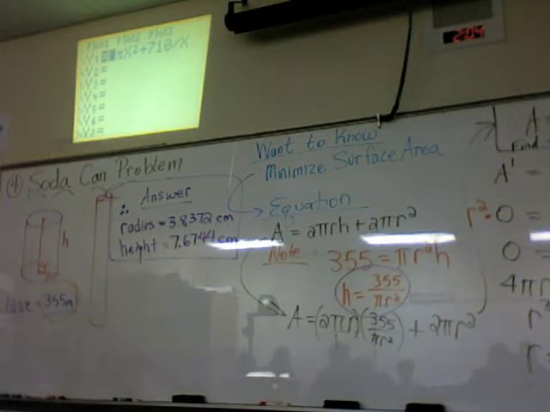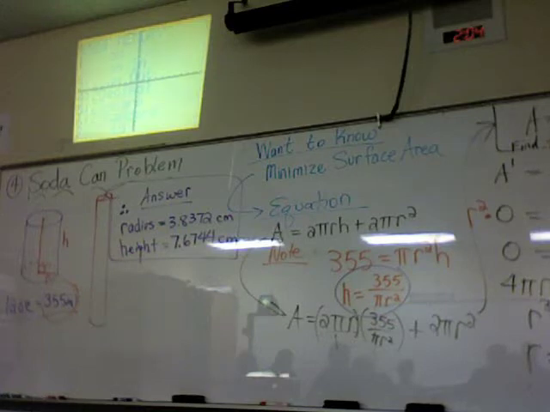Okay, this is our area, this is our surface area formula. Now, if you take that in and you do a zoom 6, this is what you get.